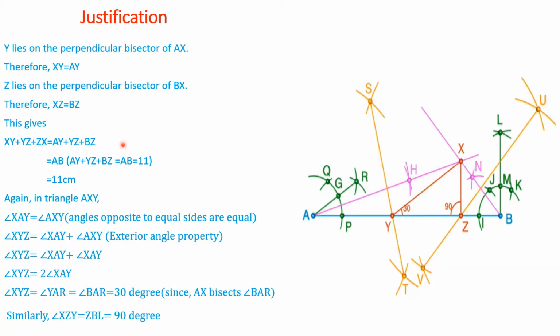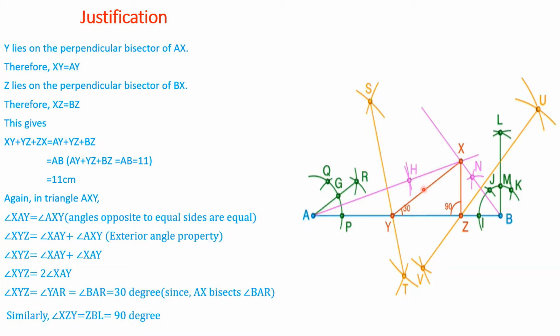Now we have to show the base angles are 30 degree and 90 degree. See here, in triangle AXY, AY is extended. So this becomes an exterior angle. Exterior angle is equal to the sum of interior opposite angles. So this exterior angle is equal to this angle plus this angle.